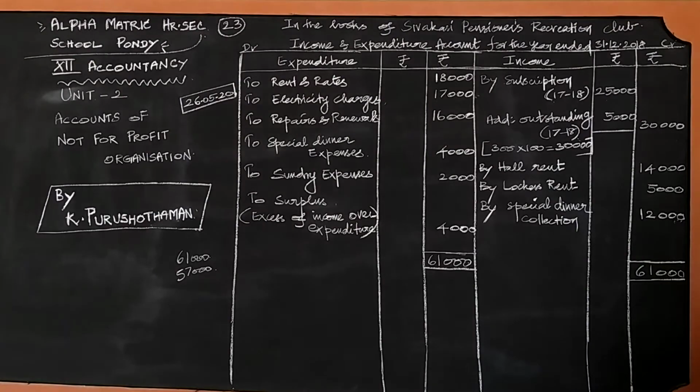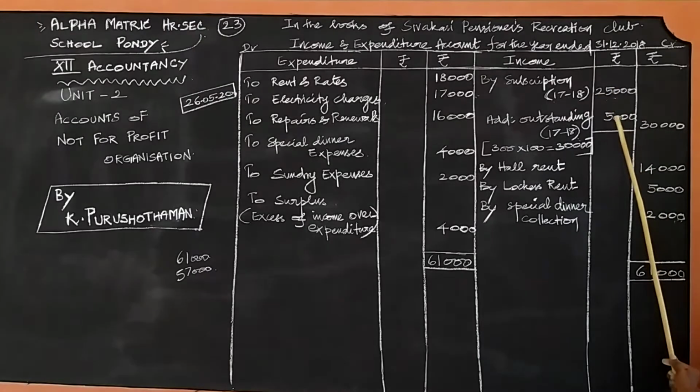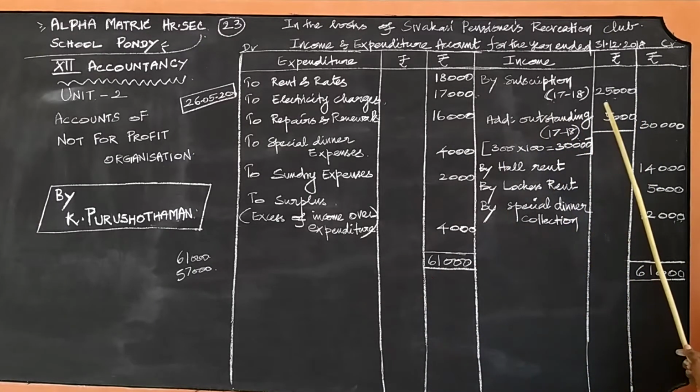Because there are 300 members in the club, each should have paid 100 and totally it comes to 30,000. Out of those 30,000, only 25,000 has been paid and the remaining 5,000 is not yet paid, therefore it is outstanding and I have written it. But this amount is meant for this accounting year. That is the rule.